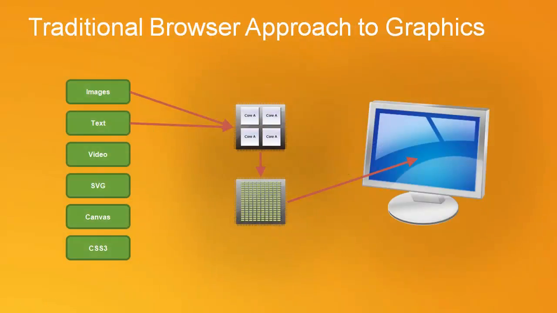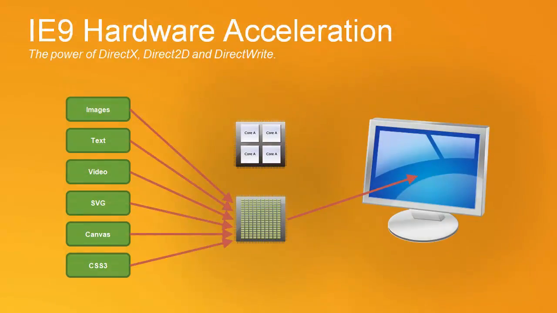If we take a look at the traditional browser approach to graphics, all of the images and text go to the CPU, and from there to the GPU, and then to the screen. Now with Internet Explorer 9, we're going to take advantage of all the power of DirectX, Direct2D, and DirectWrite, part of the Windows 7 subsystem, and we're going to pass all of that to the GPU directly.